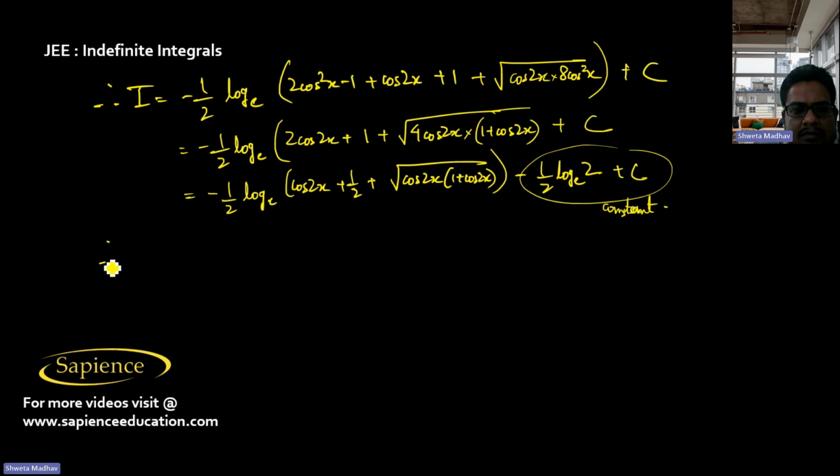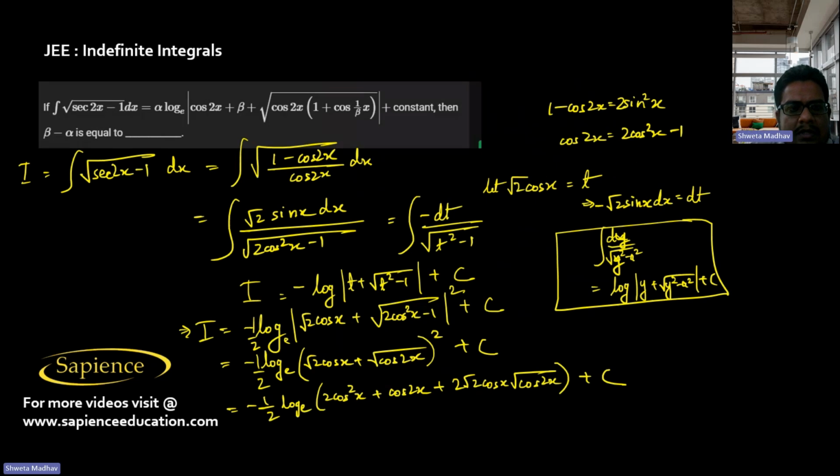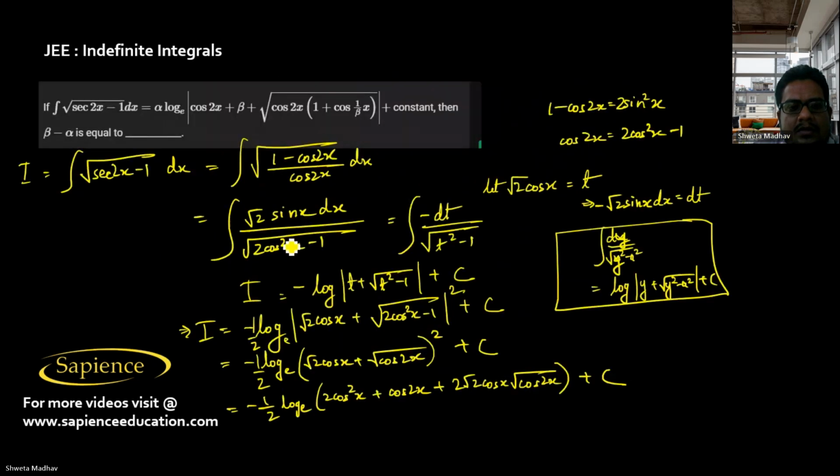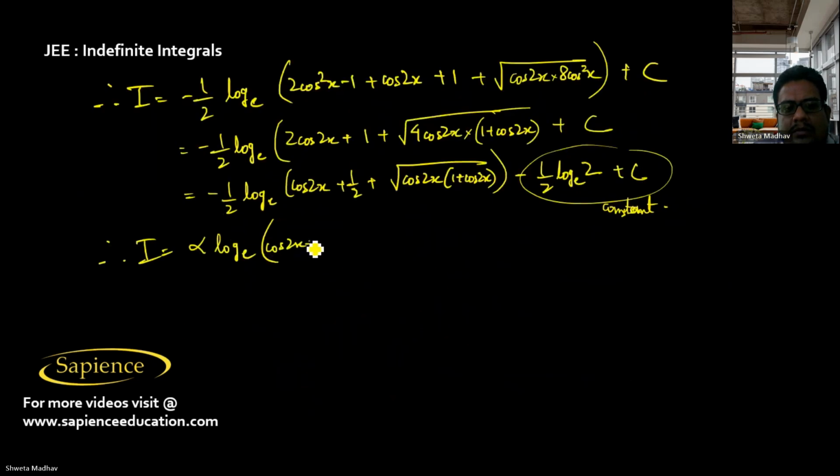Therefore, here it is told that the integral is nothing but alpha into log base e of cos 2x plus half plus root over cos 2x into 1 plus cos 2x, plus constant.